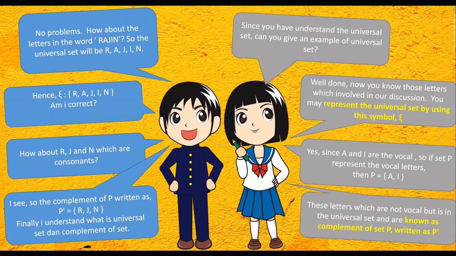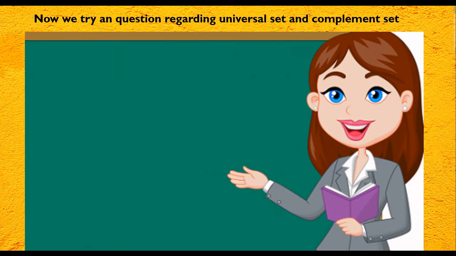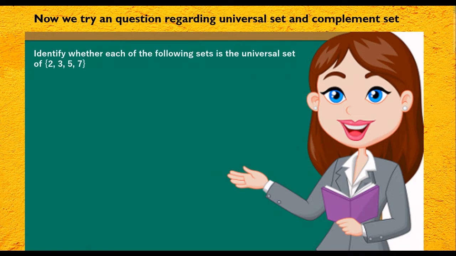So according to the letters R, A, J, I, N, A and I will be the vowels. If I want to put the other letters inside a set, I will use the word complement of the set P.